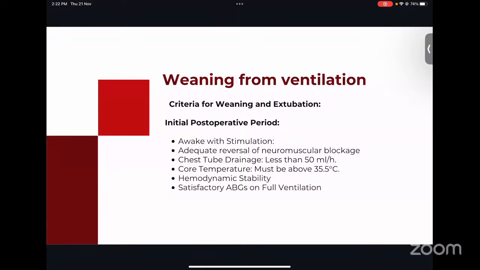Core temperature more than 35.5 Celsius. Hemodynamic stability, with blood pressure and heart rate within the normal range and a cardiac index more than 2.2. And satisfactory ABG, arterial blood gases, and full ventilation.